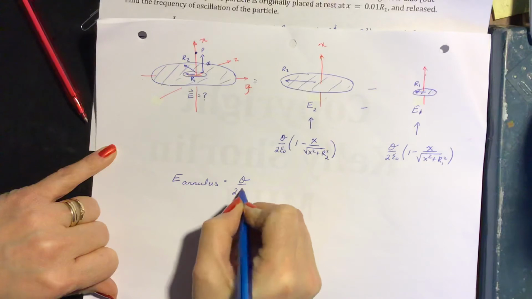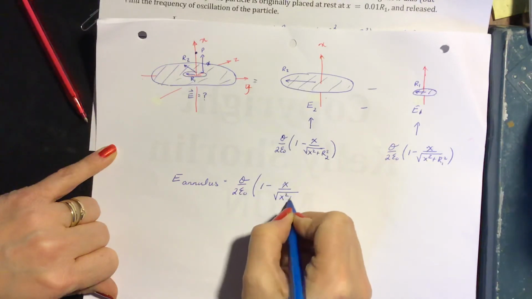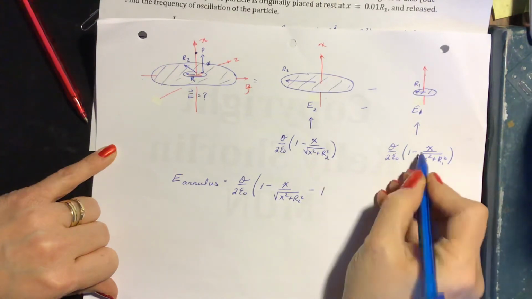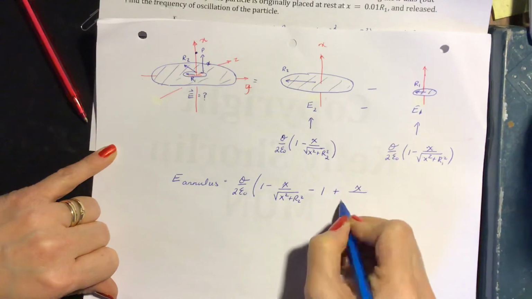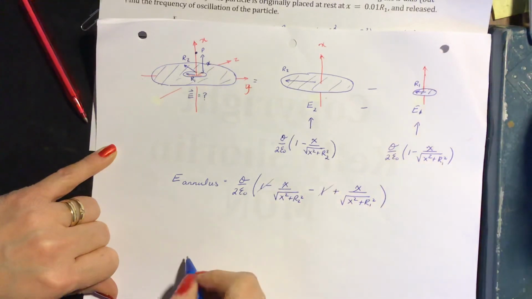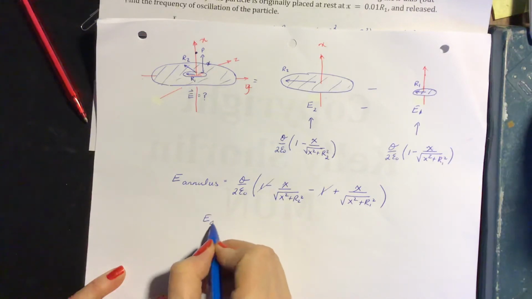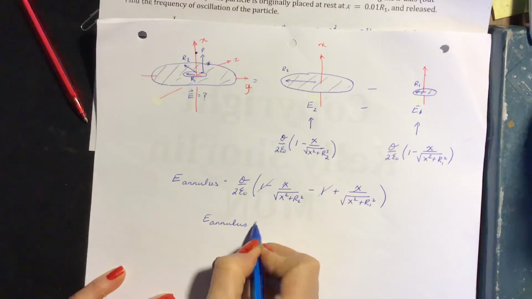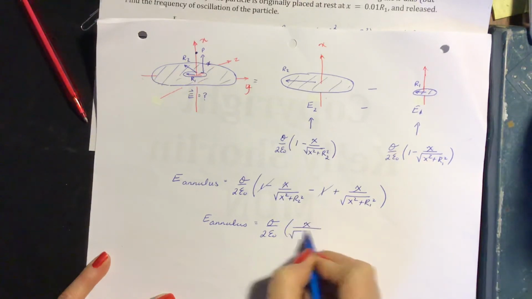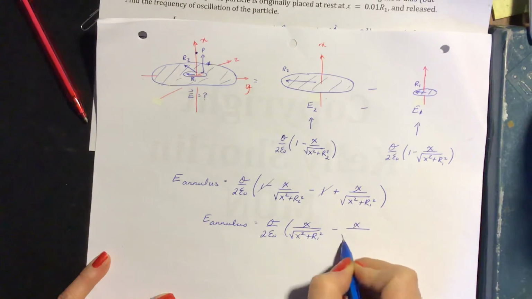Sigma over 2 epsilon naught times 1 minus x over the square root of x squared plus R2 squared, subtract 1 minus x over the square root of x squared plus R1 squared. Subtracting a negative gives us plus x over the square root of x squared plus R1 squared. 1 minus 1 gives us 0, and we're left with the electric field of the annulus equals sigma over 2 epsilon naught times x over the square root of x squared plus R1 squared minus x over the square root of x squared plus R2 squared.